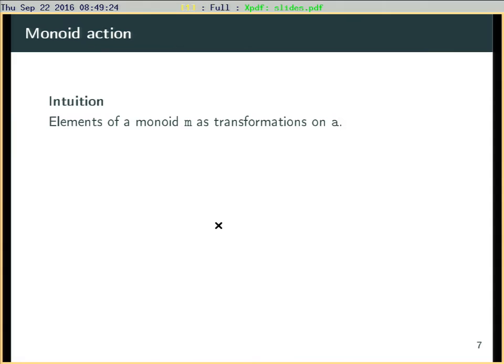To define semi-direct product, we need to look at monoid actions. Okay. So what does monoid action mean? Intuitively, when you say that a monoid M acts on A, what it means is you can think of elements of M as transformations on A in a natural way. Okay.